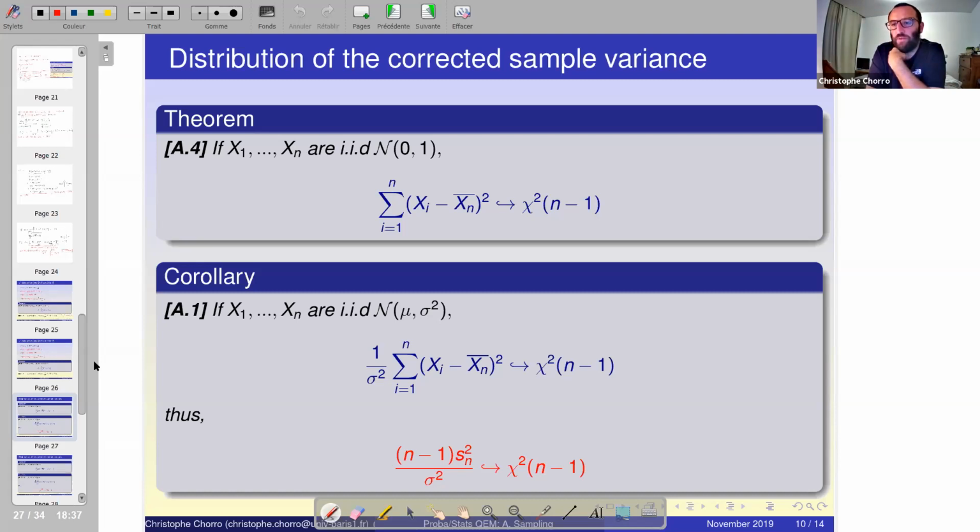And we are going to find something. So in the previous part here, I have found something concerning the sample mean, a pivotal quantity for the sample mean. And now we are going to do the job for the corrected sample variance, okay? And we are going to see how to do this.